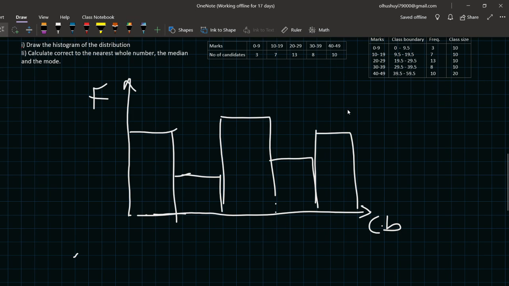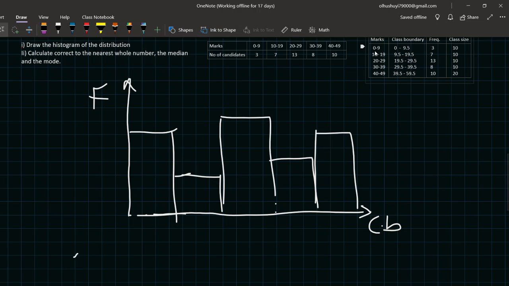Then how do I come about my class boundaries? All you have to do is look at your class mark, this column. You have 0 to 9, right?